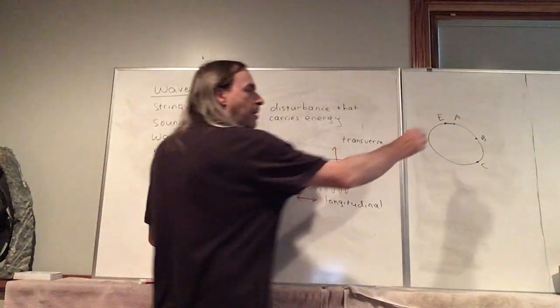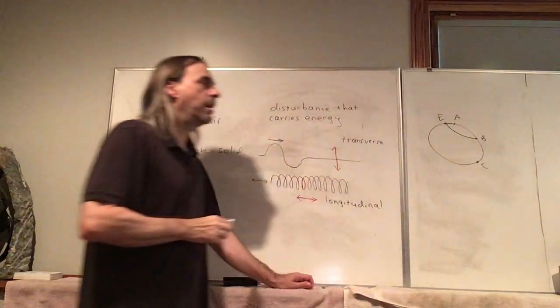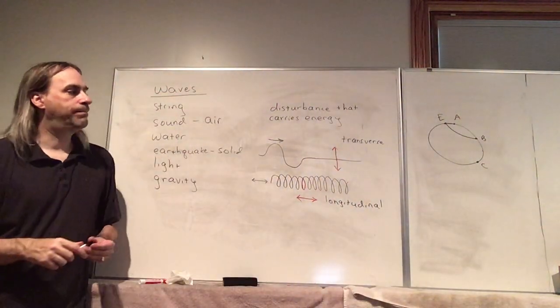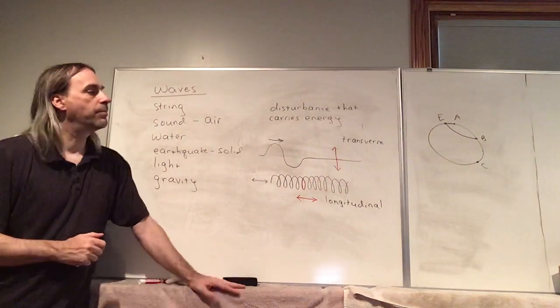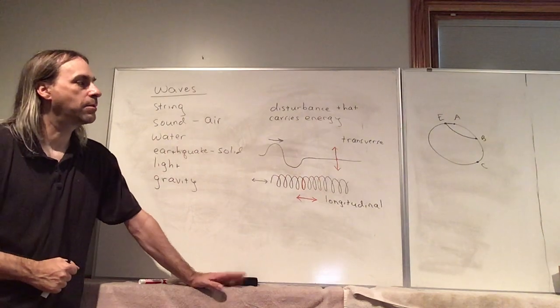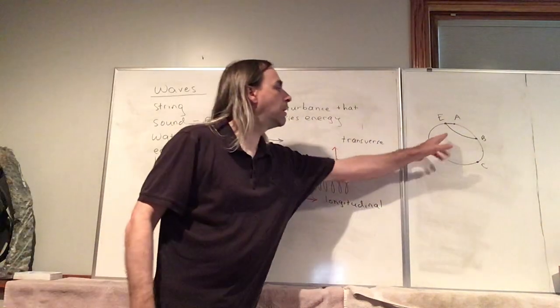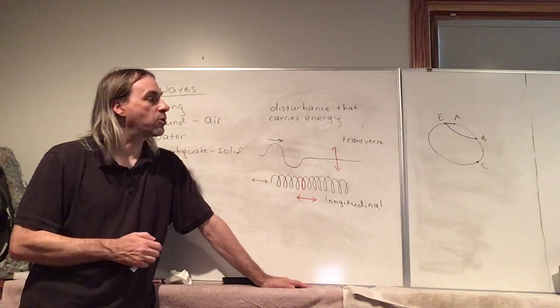But to get to B, it has to pass through these other layers of the Earth, and I think the mantle is more like a liquid, it can't handle transverse. I don't know if I'd call it a liquid, but it doesn't support these transverse waves.